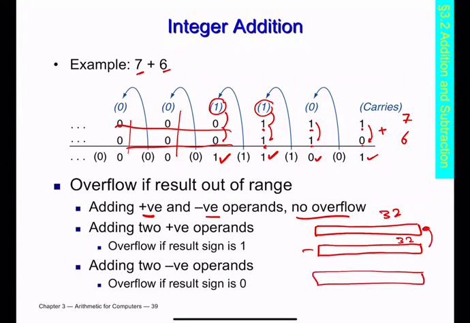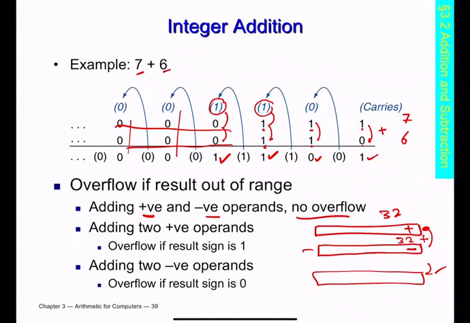So if that positive number was written in 32 bits, of course after I subtract a number, it would be sufficient also in 32 bits.